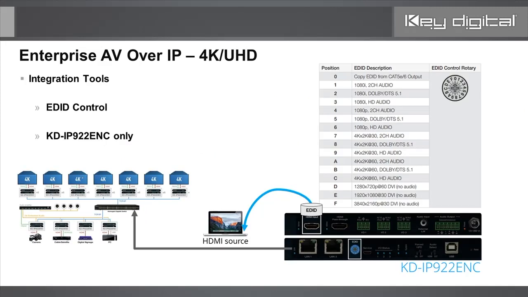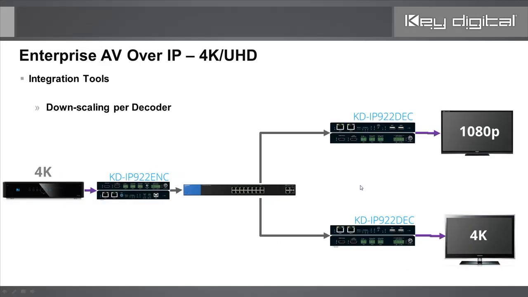There's EDID control, allowing you to choose the handshake that you'd like to provide your video source to tell it what resolution to output, so it could be distributed throughout your video system. However, there's an additional brilliant feature that is unlike traditional HDBaseT matrices. Each IP922, because they are video processors inside, which would be needed for the video wall feature, for example, has the ability to choose the output resolution.